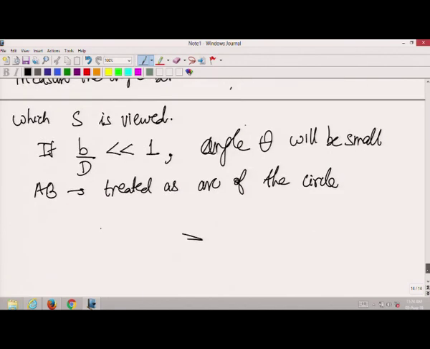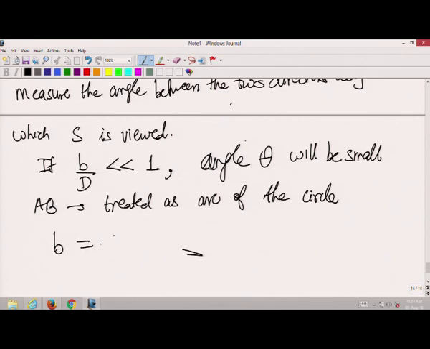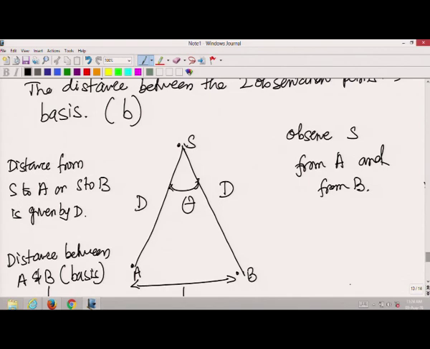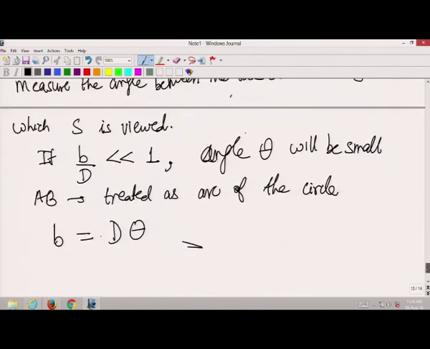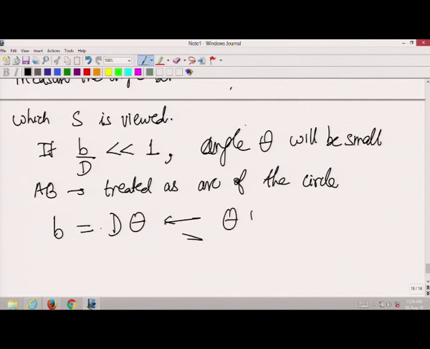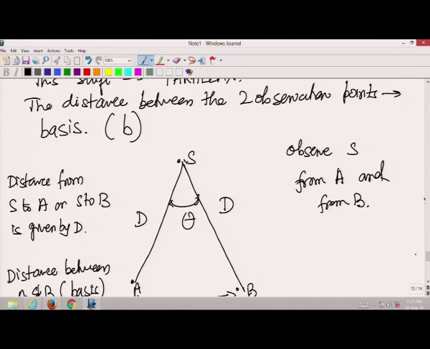So, the distance B will be equal to D times theta, where the angle theta is measured in radians. Therefore, the distance D will be given by B divided by theta. So, we know the distance between the two observation points and we know this angle, so the distance from the observation point to the location of S can be measured.